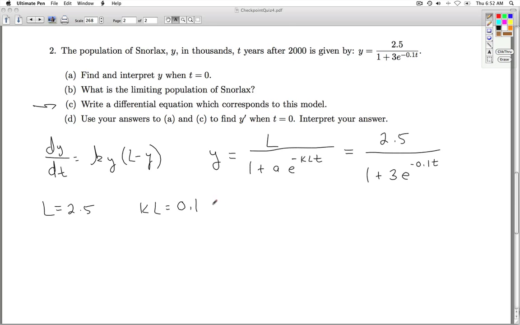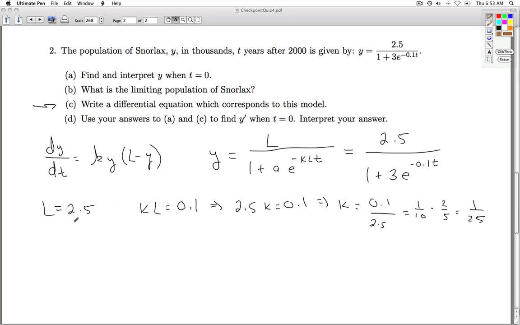So substituting in my value for L, 2.5k is 0.1. So k is 0.1 over 2.5. If I convert this to a fraction, I'm taking 1/10 divided by 5 halves. That's 1/10 times 2/5, which is 1/25.